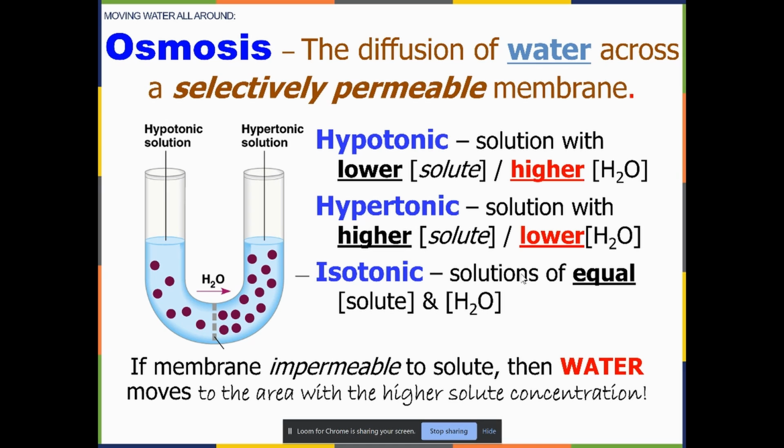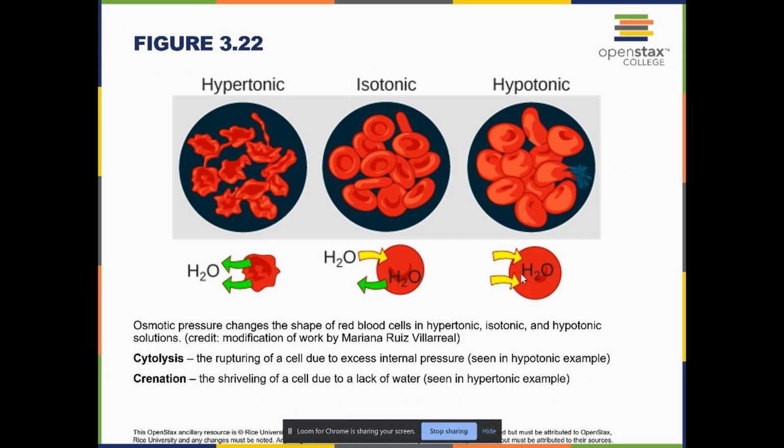And we're going to see that water moves from the left to the right through the semi-permeable membrane because the membrane is impermeable to solute, meaning the solute cannot move through the pores. But water can move, so it does move to the right to help equalize the concentration, because its goal is to produce an isotonic solution on both sides, where they both have an equal amount of solute and water concentration.